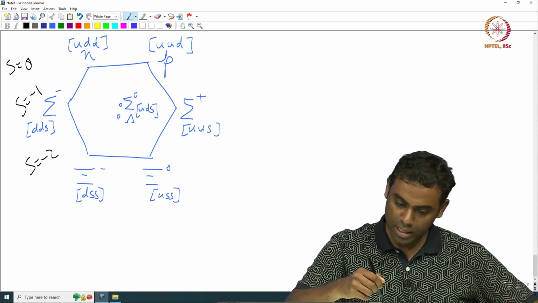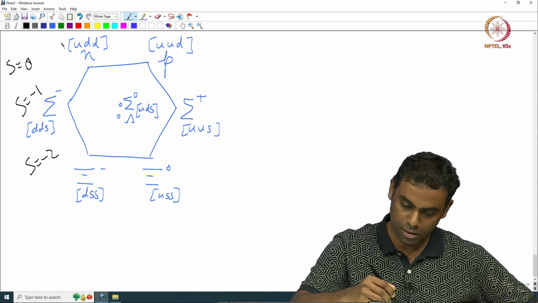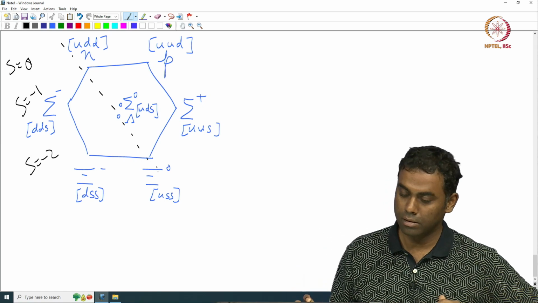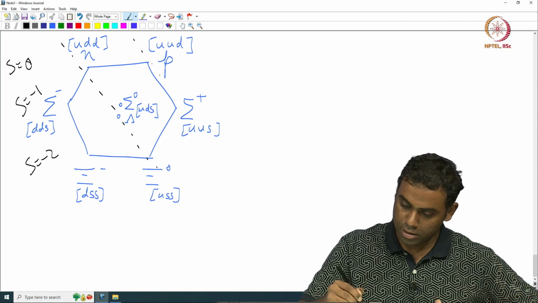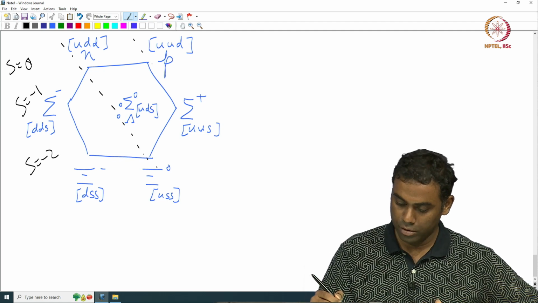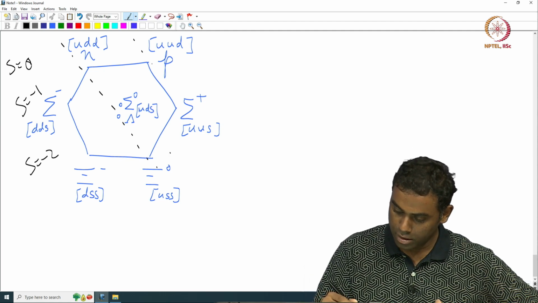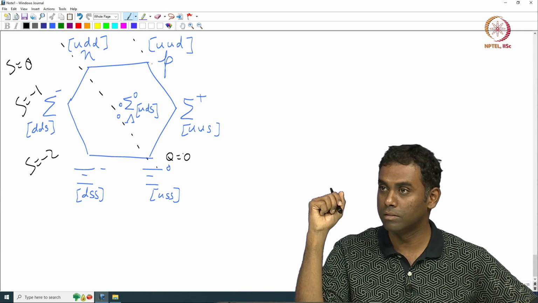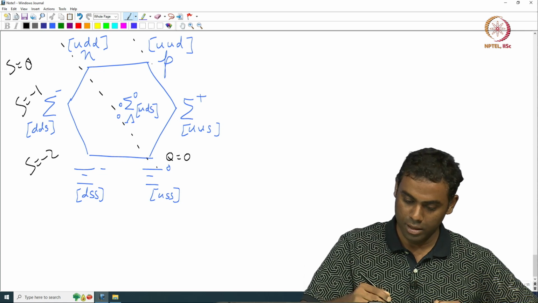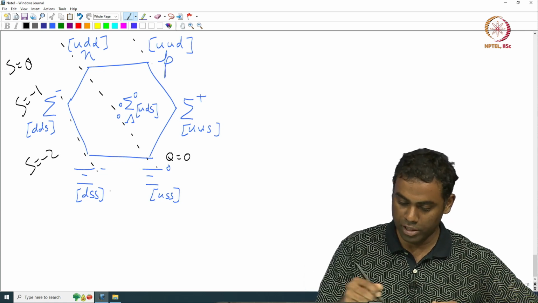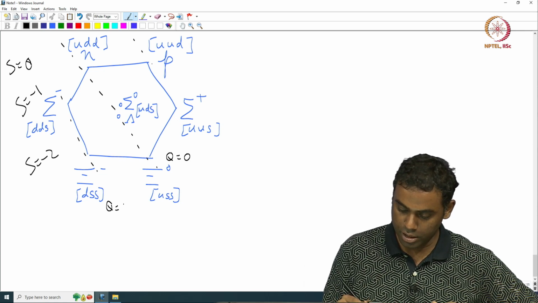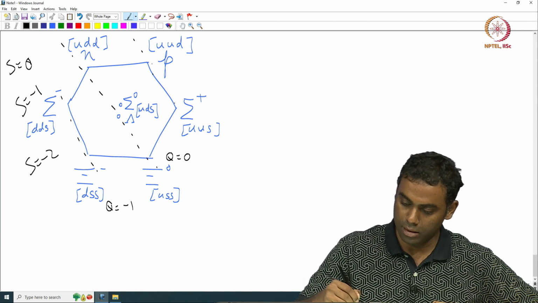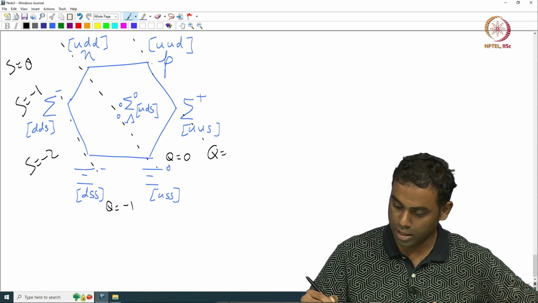If you look in the diagonal direction, this central diagonal you will notice has an electric charge of 0. These are all electrically neutral. And this one, obviously I put a minus, has a charge of -1, and this row has a charge of +1.